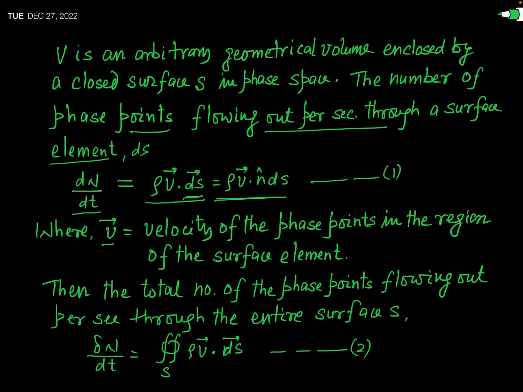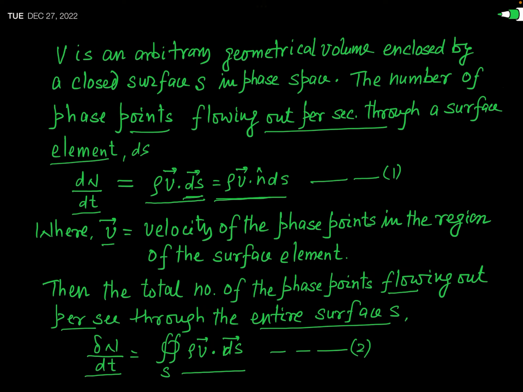So you can say that the total number of phase points flowing out per second through the entire surface S, that is delta n by dt, will be equal to the surface integral of rho v dot ds.